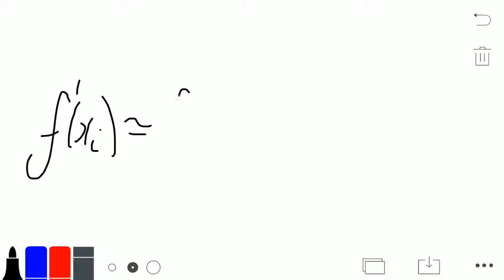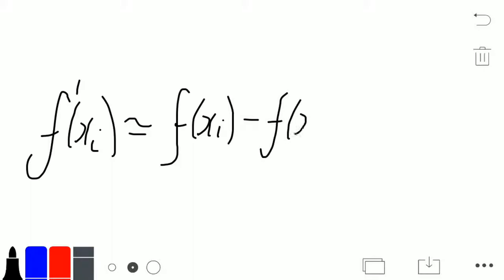Okay, so we can approximate our derivative f prime of xi as approximately equal to f of xi minus f of xi minus 1, again because we're shooting backwards, divided by h.